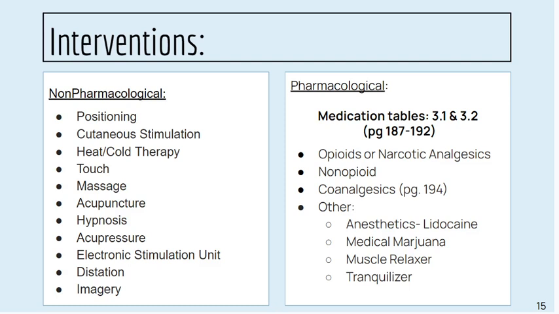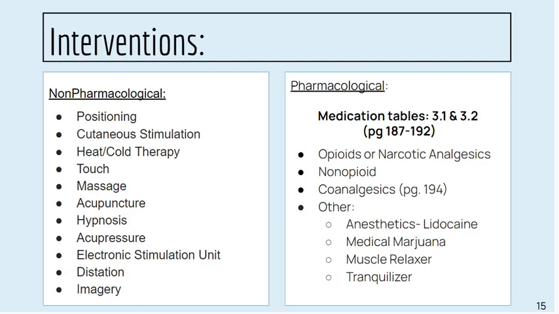The tables are 3.1 and 3.2. Obviously, it goes down to the different categories of pain medications. We've got our opioids, our narcotic analgesics, non-opioid co-analgesics, and then our other medications that include anesthetics like lidocaine, medical marijuana, muscle relaxers, and tranquilizers. So really make sure that you do look at those medications.